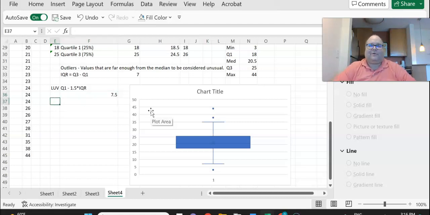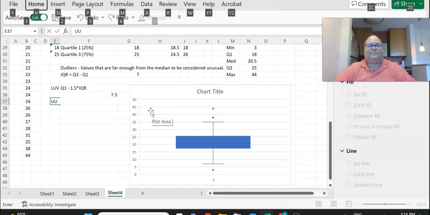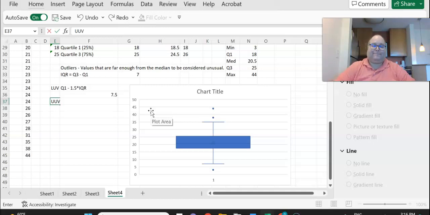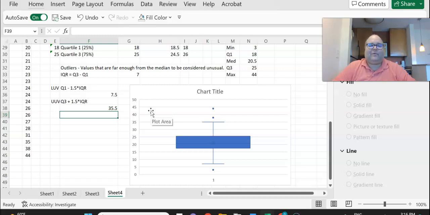And our upper unusual value is computed by Q3 plus 1.5 times our interquartile range, which equals 25 plus 1.5 times 7, giving us 35.5.